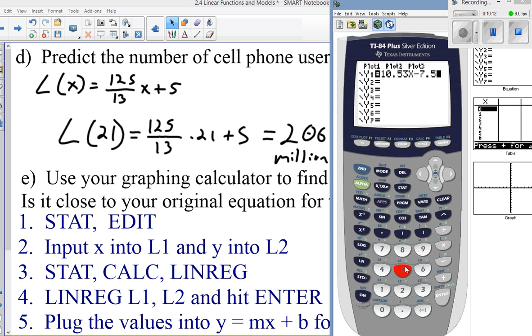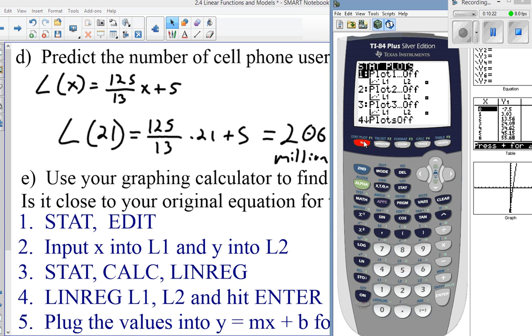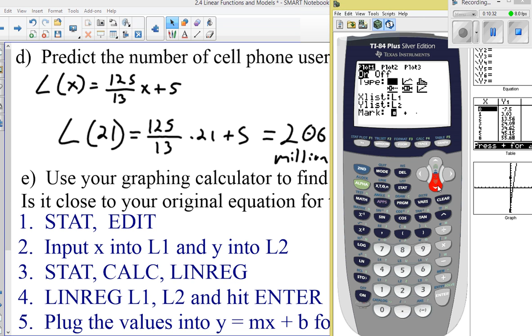My stat plots are up here on the top of my y equals, in blue, so I hit second, y equals. I need to turn on stat plot 1. I scroll down, say I want this on, and hit enter. I want a scatter plot, so I leave that highlighted. My x list is L1 and my y list is L2, and I'm fine with those markers.